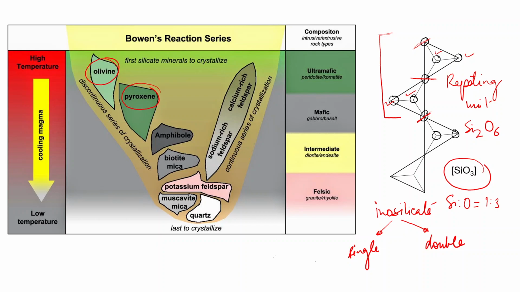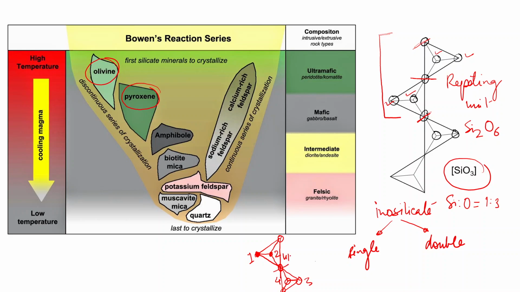So let us draw this again over here. One oxygen is this, which is of that tetrahedron. This is the second one. Now these two oxygen atoms at the corners are the bridging oxygens. So we have 1, 2, 3, 4.